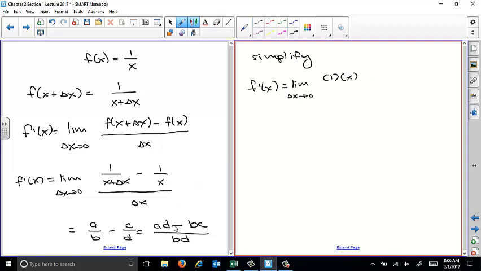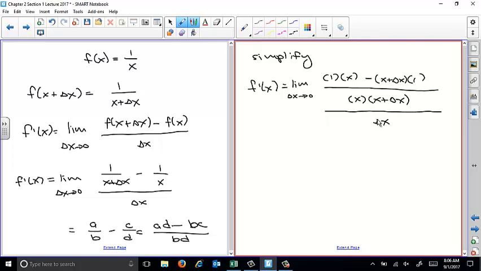Then we have minus b, which is x, times 1, all divided by x times x plus delta x, all divided by delta x. We haven't finished our simplification. As you can see up here, this is going to cancel out with that.